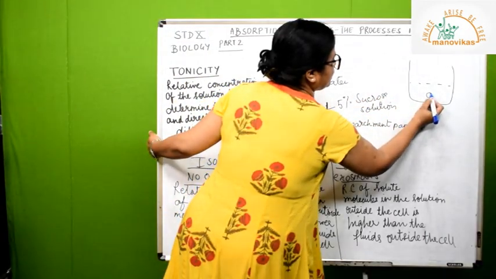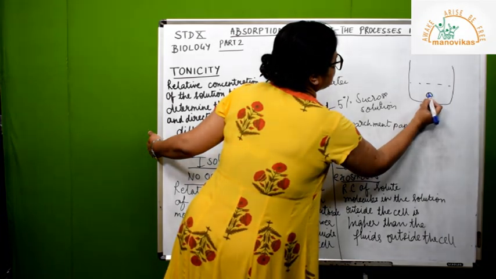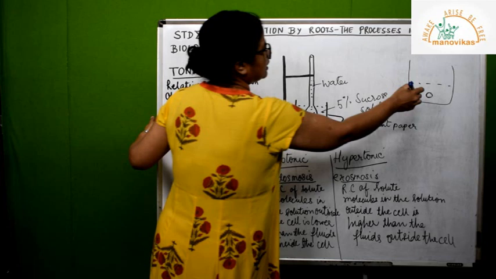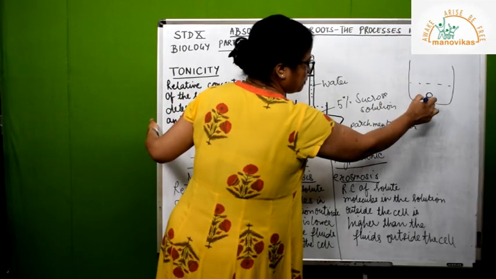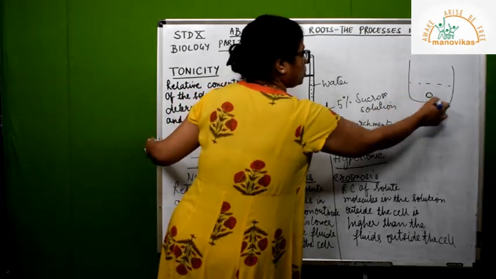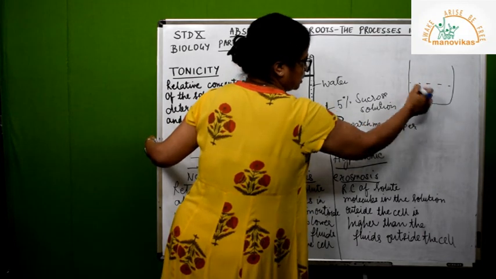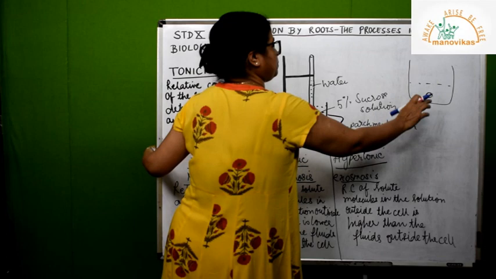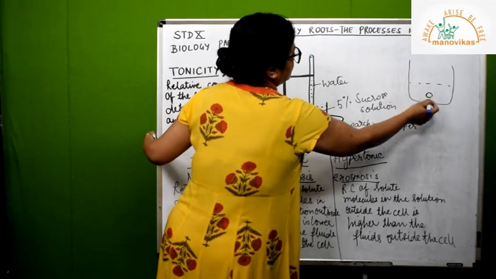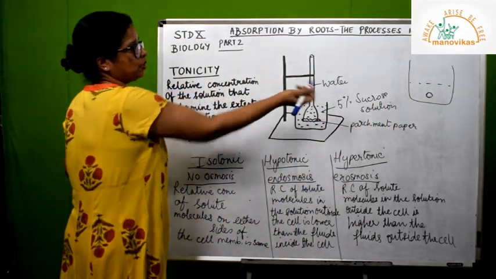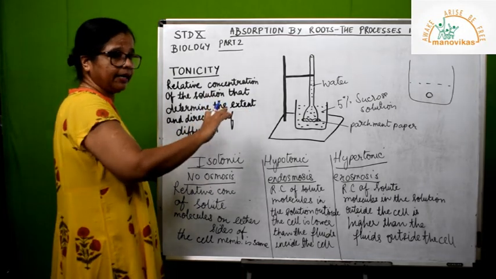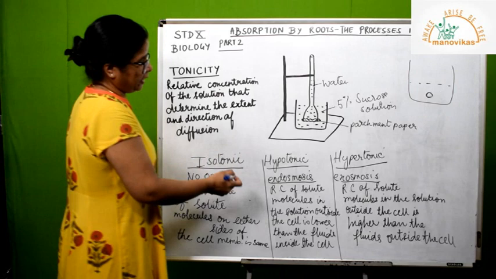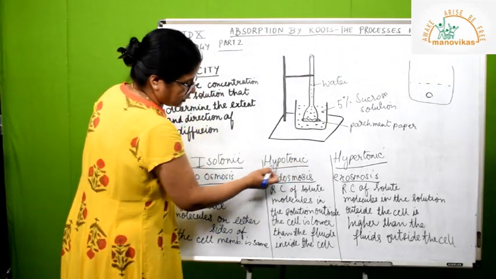Here the cell membrane is acting as a semi-permeable membrane. So if two solutions are separated by a semi-permeable membrane and have the same concentration of solute molecules, then both solutions are isotonic. It's a relative, comparative thing. Hence, no osmosis happens.